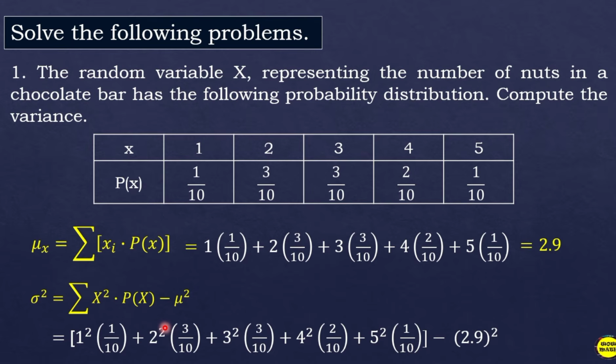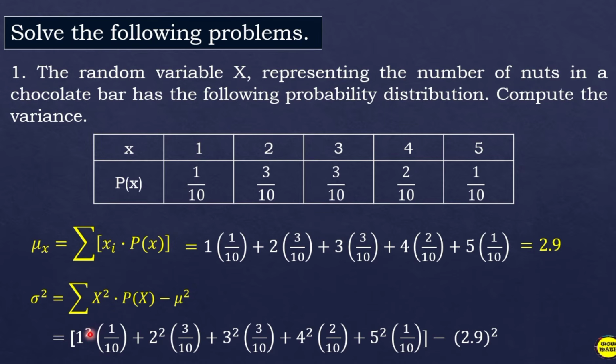And then, class, kapag sa calculator nyo, ito muna. Pagka multiply nyo nito, equals nyo sa calculator nyo, saka kayo mag-minus nung squared nung value ng mean. Kasi kung tinuloy-tuloy nyo yan, baka mali yung makuha nyong sagot.